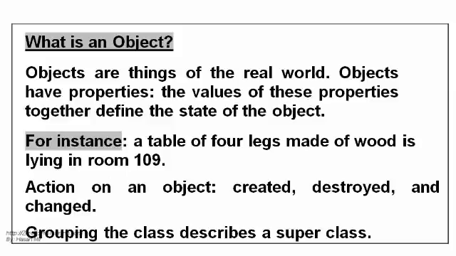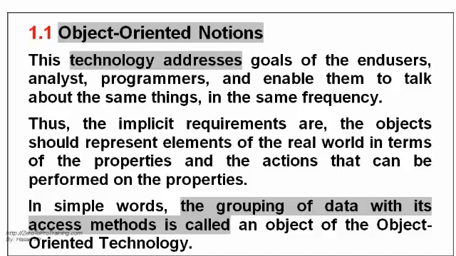For instance, a table of 4 legs made of wood is lying in room 109. Action on an object: created, destroyed, and changed. Grouping the class describes a superclass. Next, 1.1 Object-oriented notions. This technology addresses the goals of the end users, analysts, and programmers, and enables them to talk about the same things, in the same frequency.